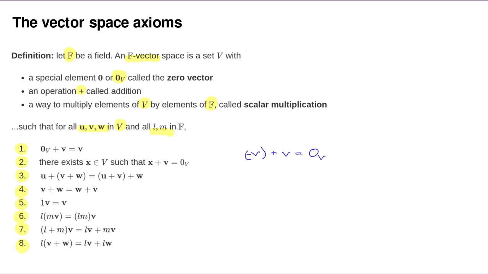So these really are just the familiar rules of vector algebra. What I'd like to emphasize is that R^n, for any n, with the usual vector addition and vector scalar multiplication, obeys all of these rules.